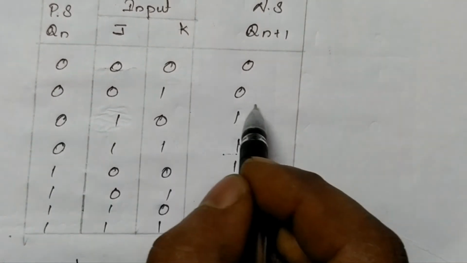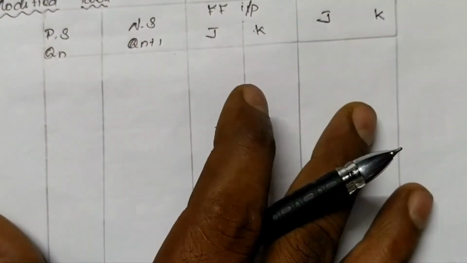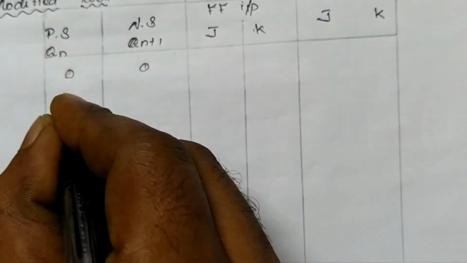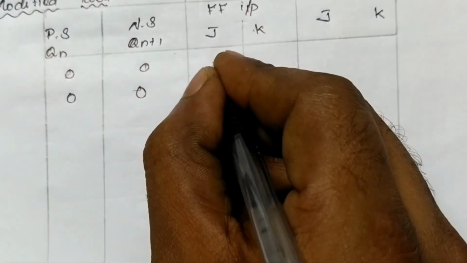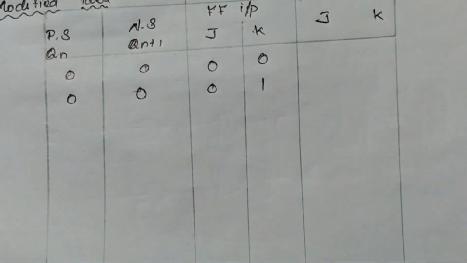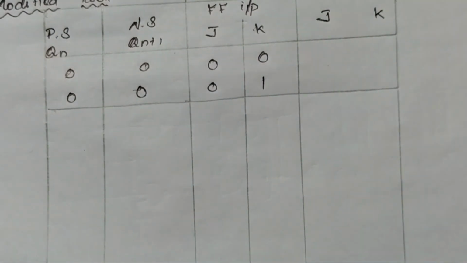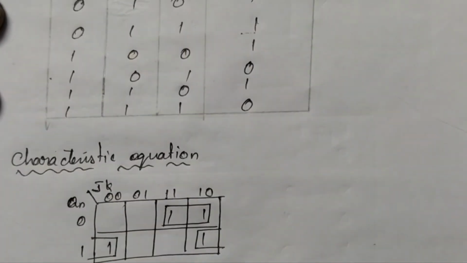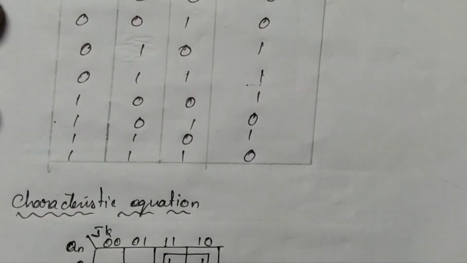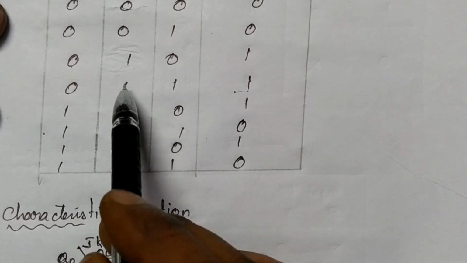So 0 0 0 0, and the respective J K values are, for the first one 0 0, for the second one 0 1. So here two conditions 0 0 0 0, then the respective J value is 0 0 and K value is 0 1. Likewise here we are having the 0 1 condition, respective J value is 1 1, K value is 0 1.